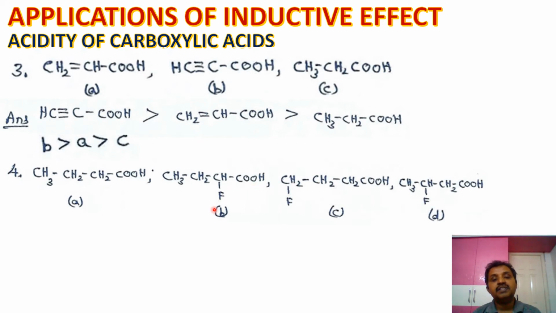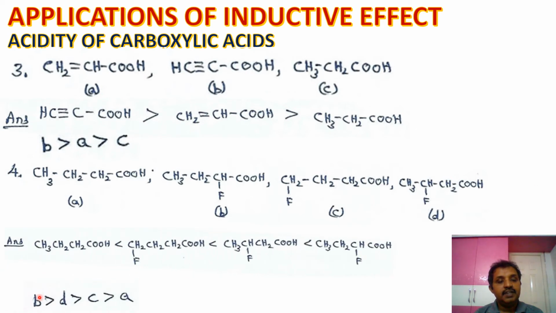As the fluorine atom is moving away from the carboxylate group, acidity decreases. So B has the highest acidic nature, then D, C and A. B, D, C, A. The D is having the least acidic nature, as this molecule butanoic acid is not substituted with the electron withdrawing group.